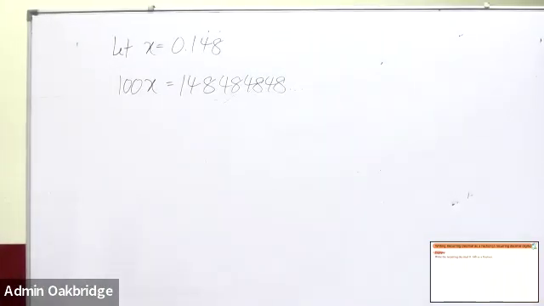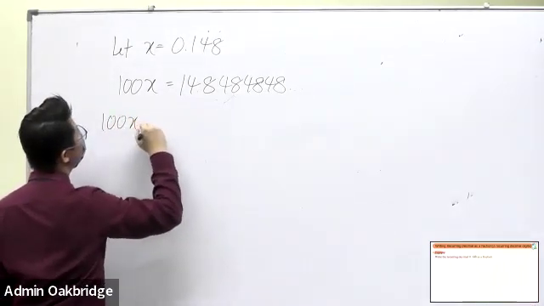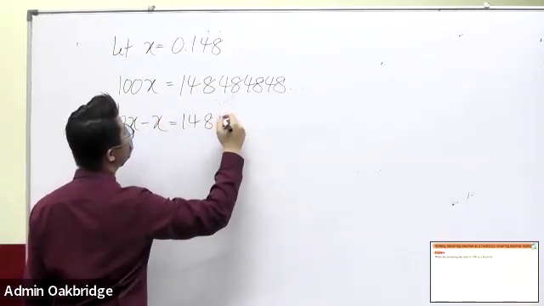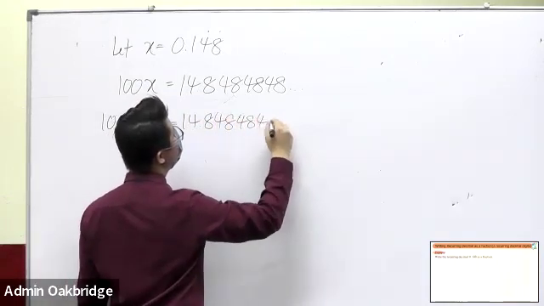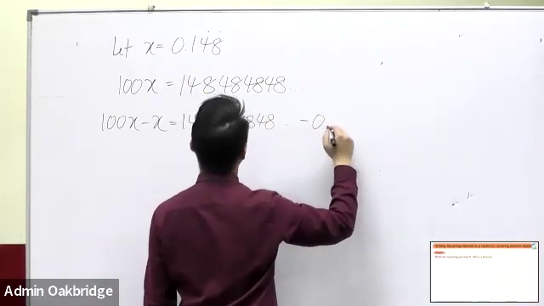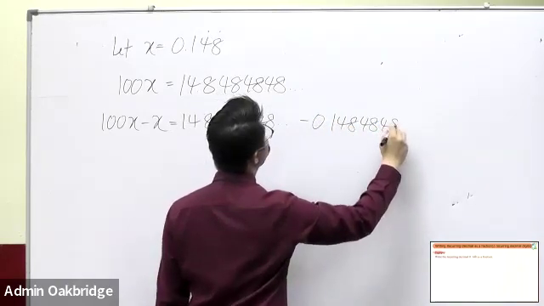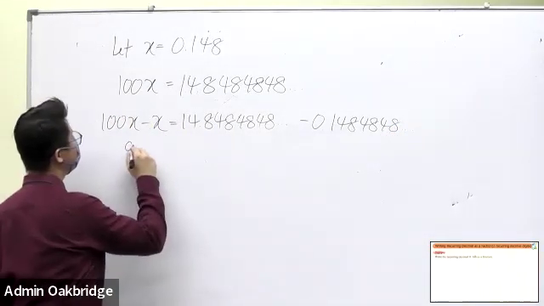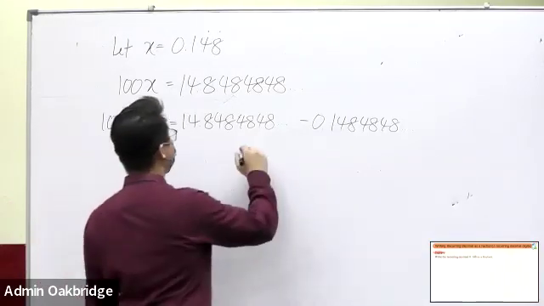Then the next step is we minus x for both sides. So this one, 14.8, 48, 48, 48, minus 0.1, 48, 48, 48, and so on. The left side is 99x. And how about the right-hand side?